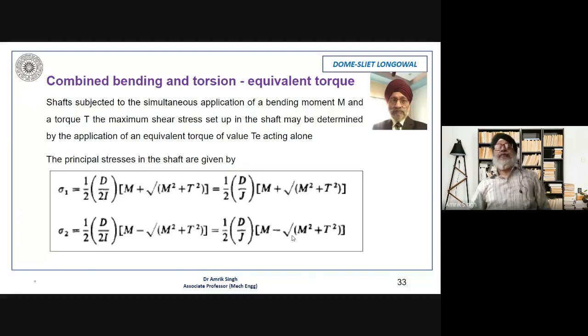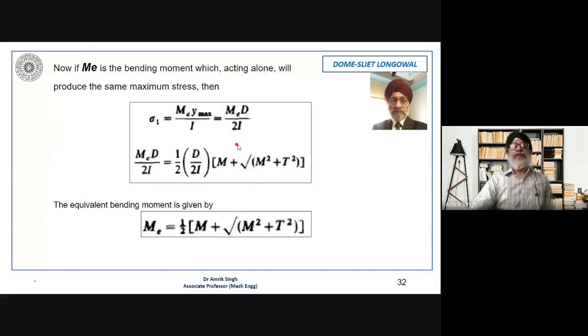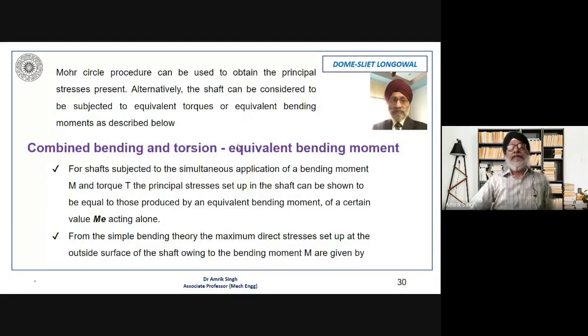Second concept, we use the equivalent torque. For the shaft subject to the simultaneous application of bending moment M and torque T, the maximum stress set up in the shaft may be determined by the application of the equivalent torque, which is T E. So if you see here, the principal stress we have taken, and the maximum direct stress.